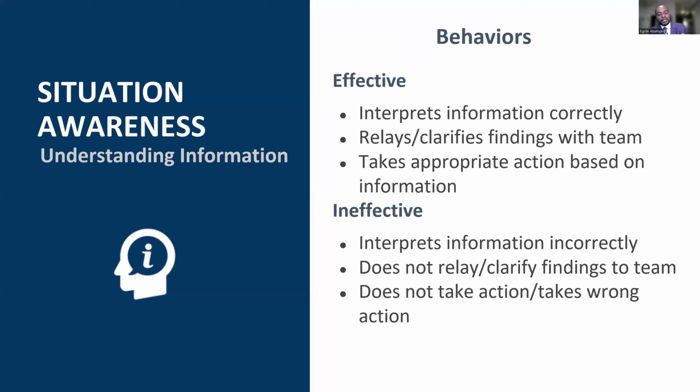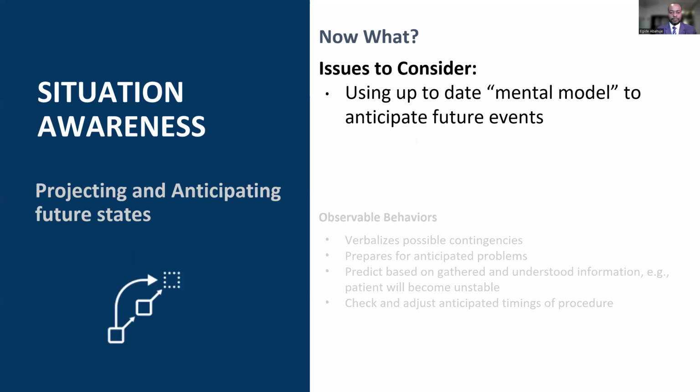Examples of ineffective understanding of information behaviors include interpreting information incorrectly, not communicating with other members of the team to clarify findings, or, within our example of the operating room, failure to check the amount of blood loss, failure to understand that low blood pressure means that the patient has lost a lot of blood, and failure to increase the intravenous fluid or transfuse are examples indicative of ineffective understanding of information.